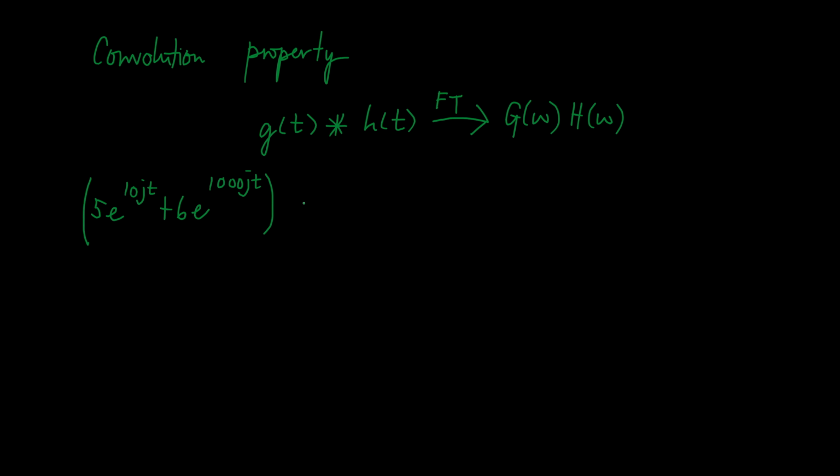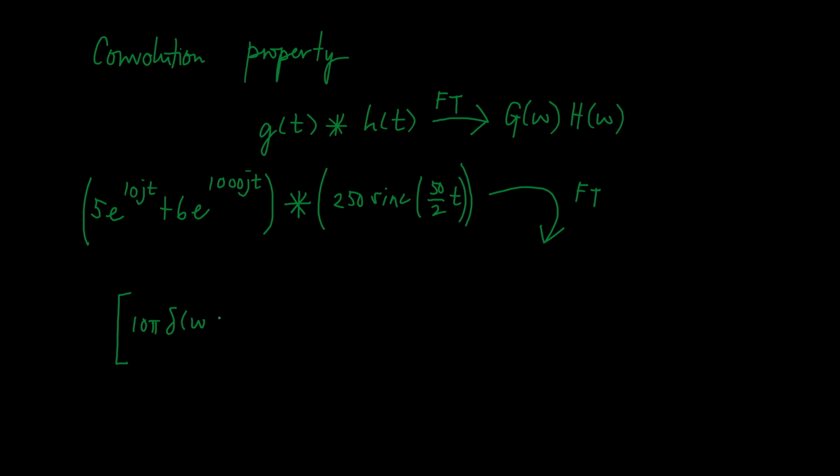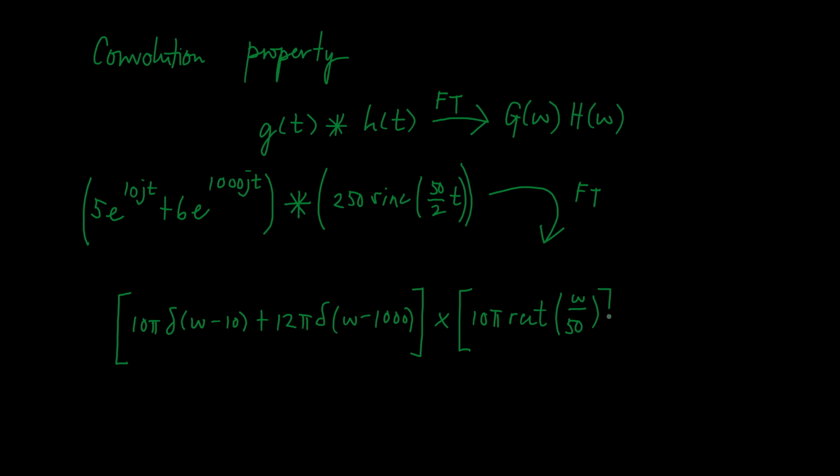Let's say we want to do convolution of two time domain signals, and if we use our previous example, 5 e to the power of 10 jt plus 6 e to the power of 1000 jt as the first signal, and 250 sin(50 t over 2) as the second signal in the convolution. Since we already know the Fourier transform of both signals, we just multiply these two equations in the frequency domain.